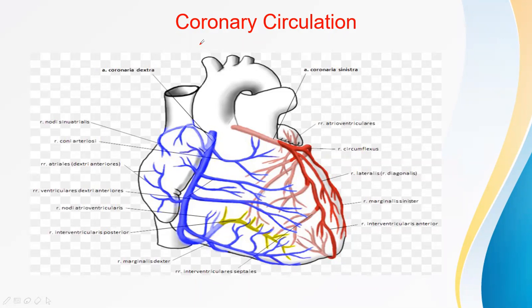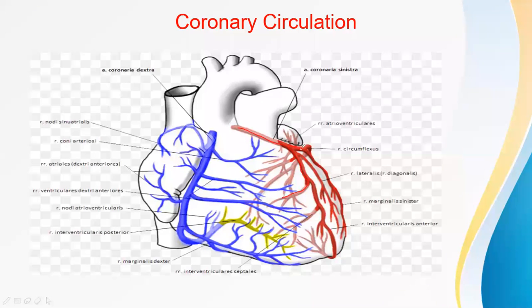So your heart, the human heart, has its own blood vessels that supply nutrients and oxygen to the heart. These are the blood vessels, all the tubes you are seeing on the screen around the heart.